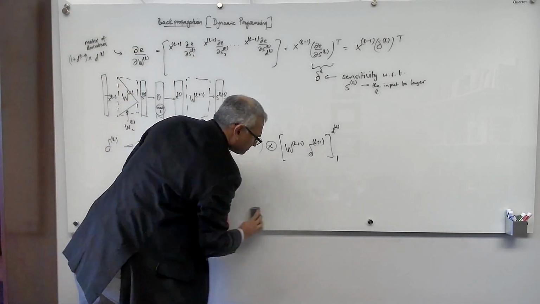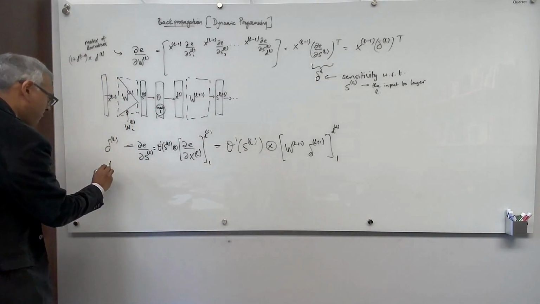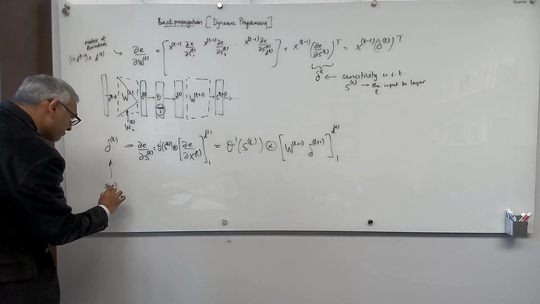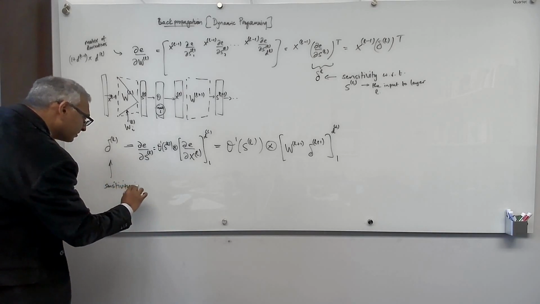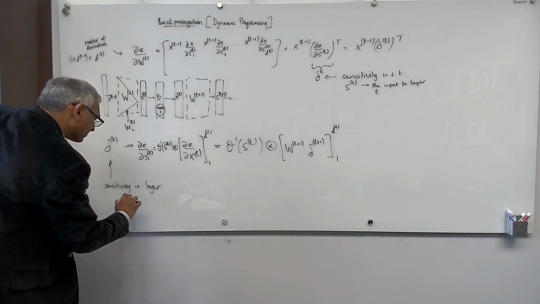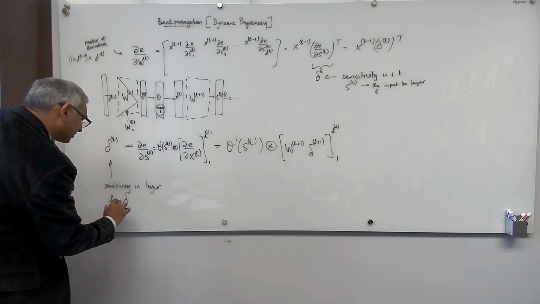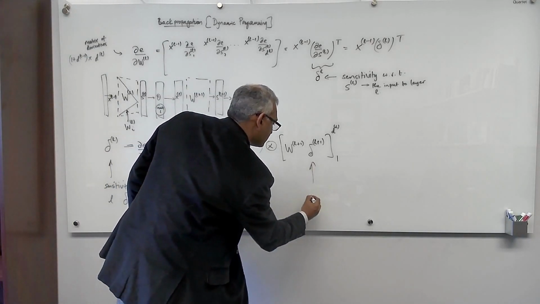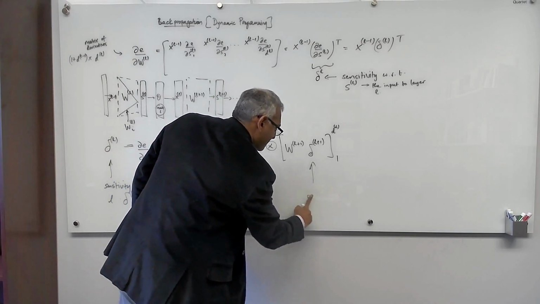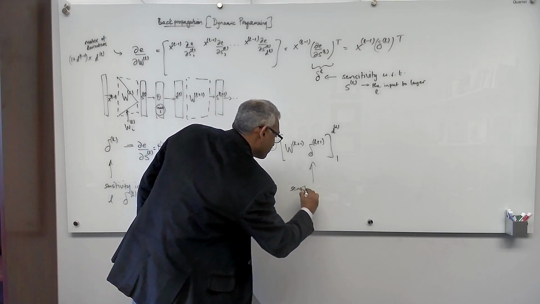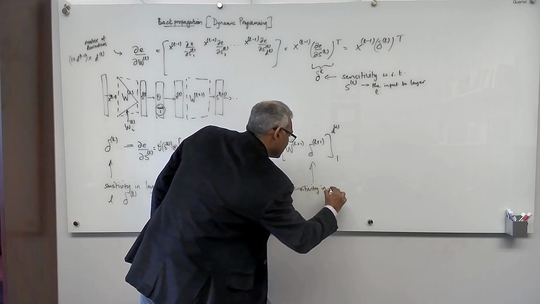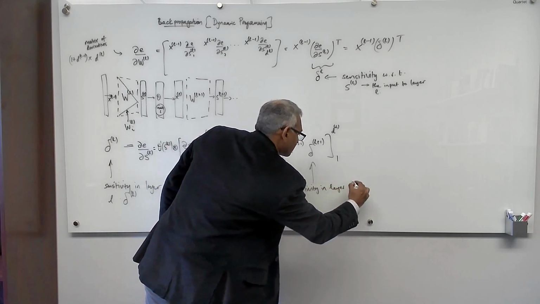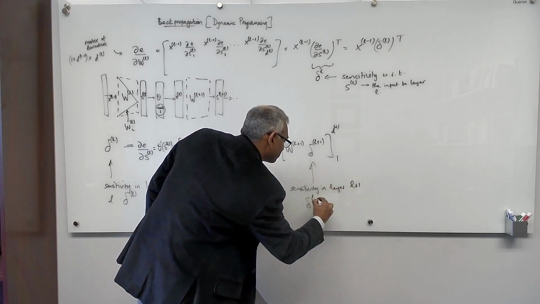The sensitivity in layer L, i.e. delta L, is related to the sensitivity in layer L plus 1, i.e. delta L plus 1.